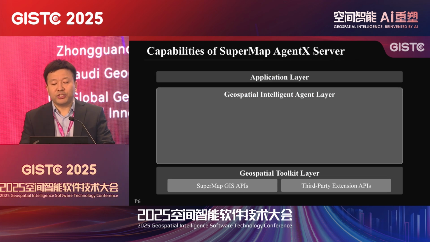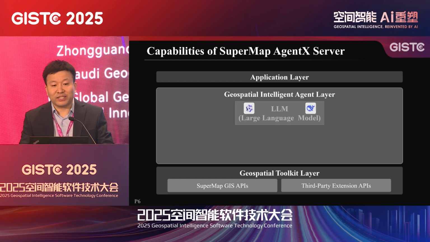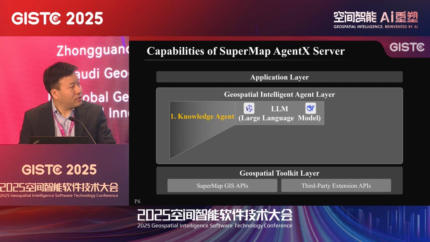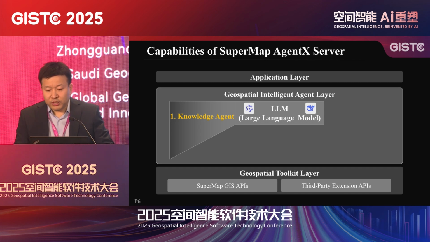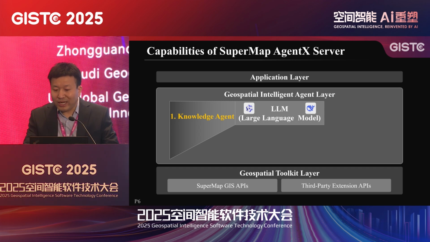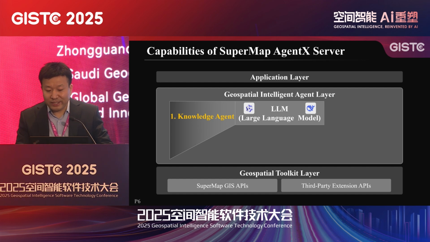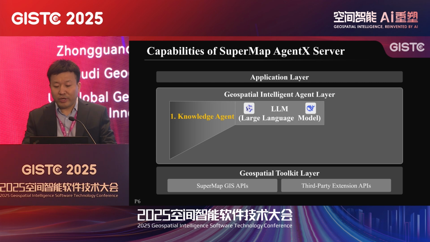Okay, SuperMap Agent Server is divided into 3 layers. At the bottom is our toolkit layer. Then in the middle is the intelligence agent layer to support the upper layer applications. SuperMap Agent Server is a natural language-driven AI agent, which provides 3 core abilities: knowledge agent, workflow agent, and autonomous agent.